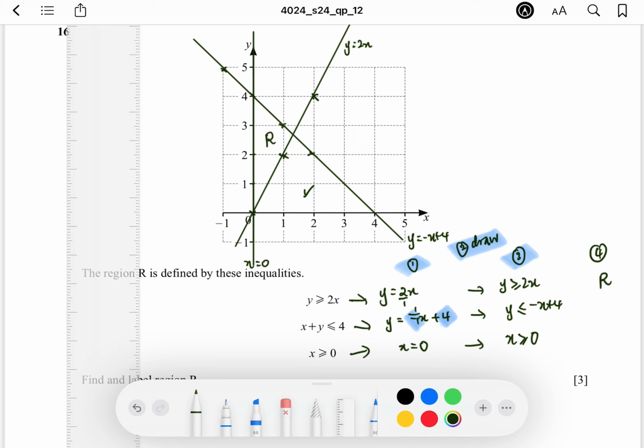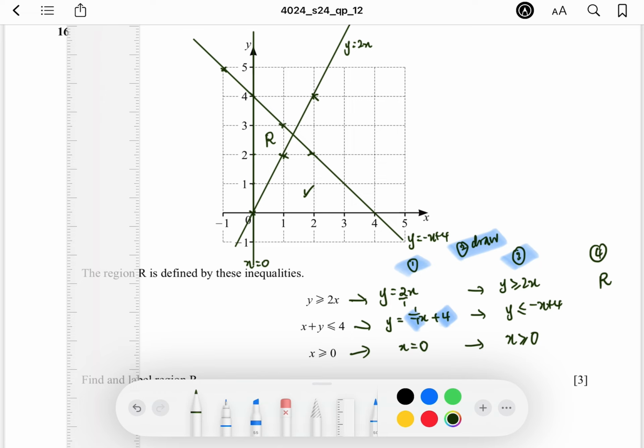So yang di bawah tu dia dapat dipakai pasal y equal to minus x plus 4 sama y equal to 2x. X equal to 0 itu yang dia signifikan lah. Itu yang bukan kawasan. Selalunya macam tu lah. Teacher always try find shortcuts. Okay, so that's your R.